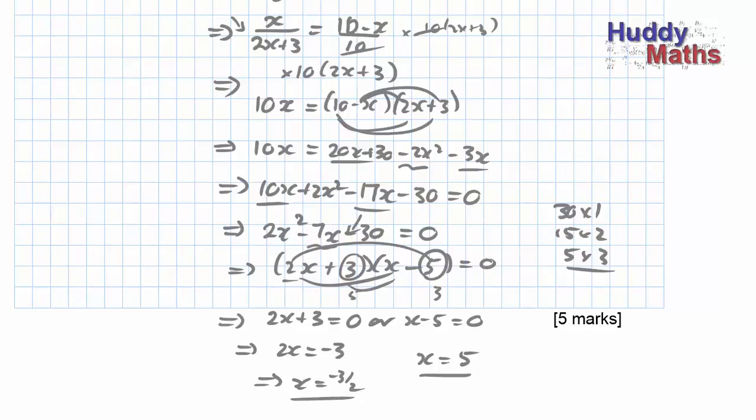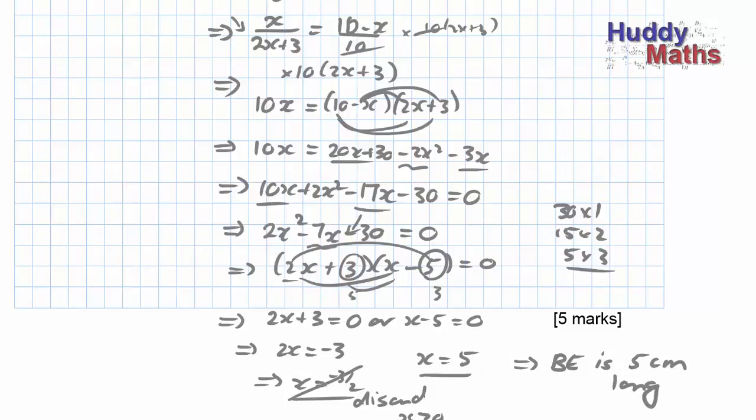So will that work? Yep, we won't have that one, discard it, because x is greater than 0. This one is correct, so that means BE is 5 centimetres long, and that's what they asked us to find.